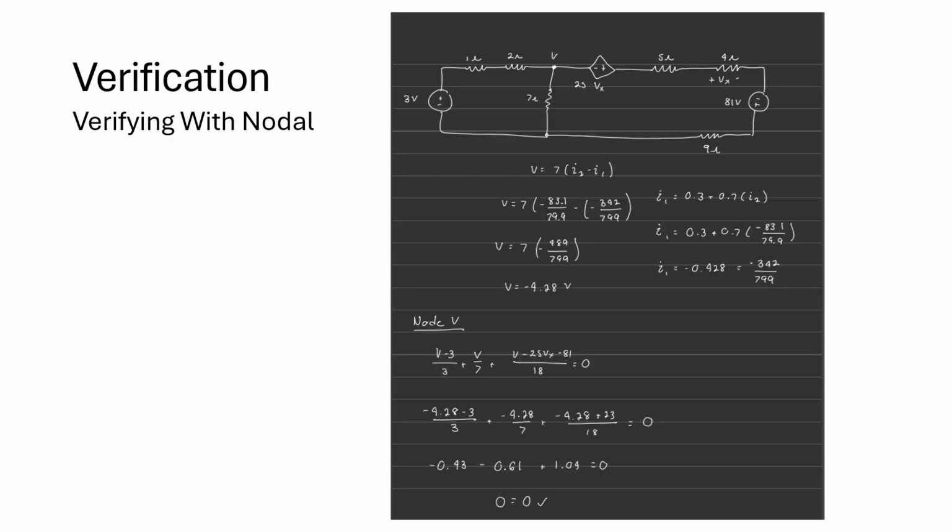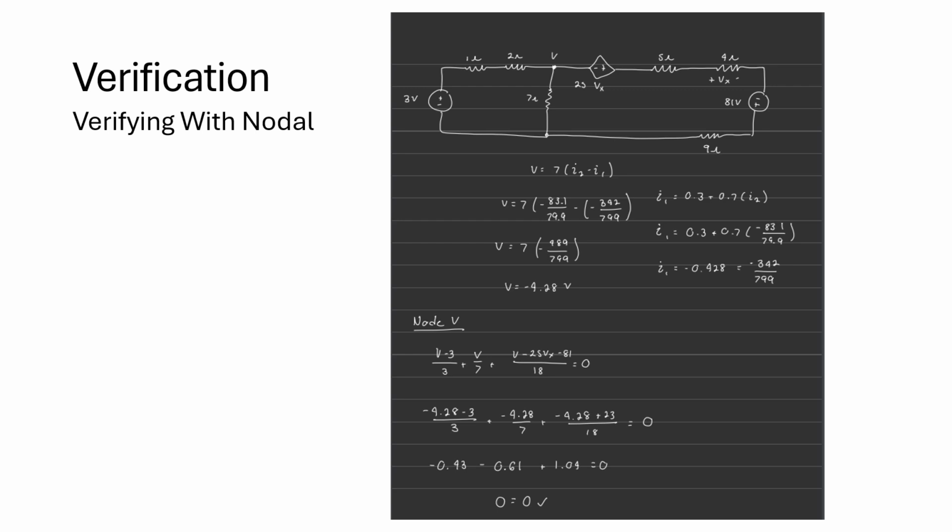Now, to verify that we got the correct value for Vx, we can verify using nodal analysis, or KCL. I've rewritten the simplified circuit and labeled the node above the 7 ohm resistor as V. Now, we can find the voltage V by doing 7(I2 minus I1), plugging in the value of I2 and solving for I1.